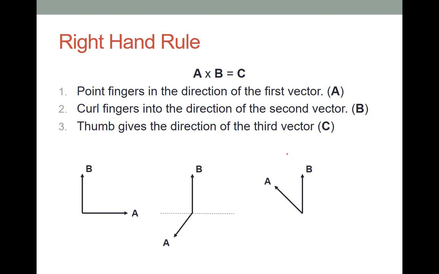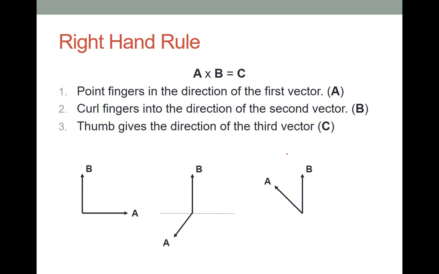So if I want to find A cross B, the first thing I do is I take my hand and I point it in the direction of my first vector. If I look at the example on the far left, I'm going to point my hand in the direction of A, which means it is pointing to the right. Now, you have many options. You could do palm up, palm down, or palm pointing towards the screen.